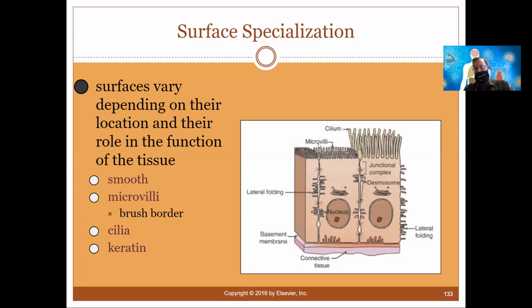So that outer layer, again, gets continually worn down and shed. So notice the bottom or the basal or the base cells, you'll notice there's a little kind of line there. That's the basement membrane.